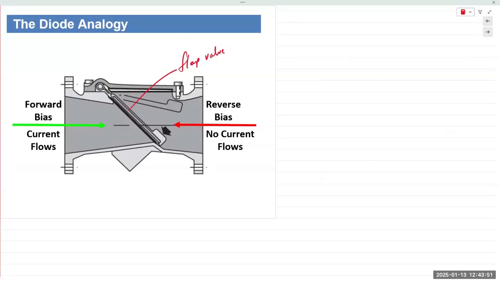If the fluid is flowing in this direction, from left to right, the fluid flow pressure will cause the valve to open up and fluid is allowed to pass through. In the opposite direction, if the fluid flow is coming in this direction, then it blocks the passage because the valve is now forced shut.